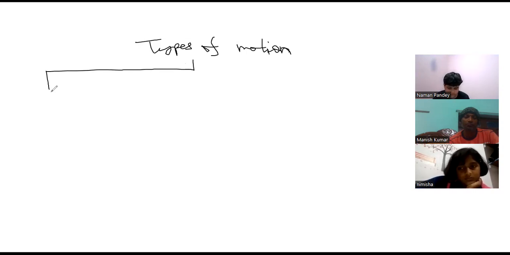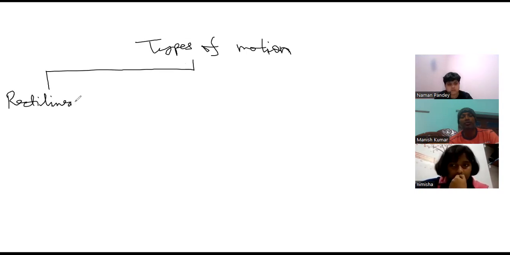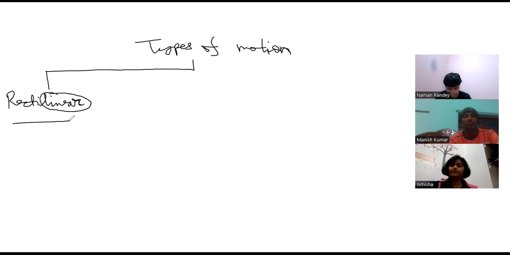Nimisha: 4. Okay, tell me which one first. Rectilinear motion. What does that mean? In a straight path. Like the word linear, it is going linearly.